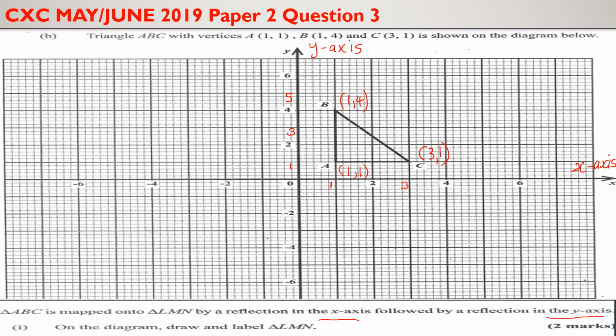So how do we do that? We just count. Here is the mirror line, our x-axis. A is 1 unit away, so that means here, and let's label it as A prime.